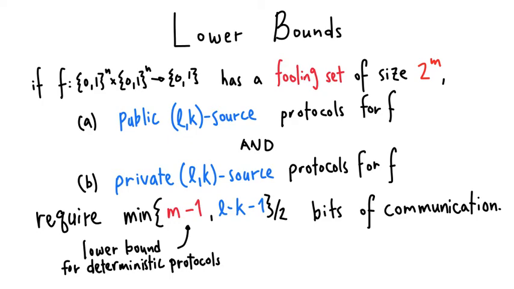So the lower bound is either whatever is needed for the deterministic protocol, for some functions at least, or it's the deficiency of this randomness source. L minus k is how many bits of entropy are missing from this source.